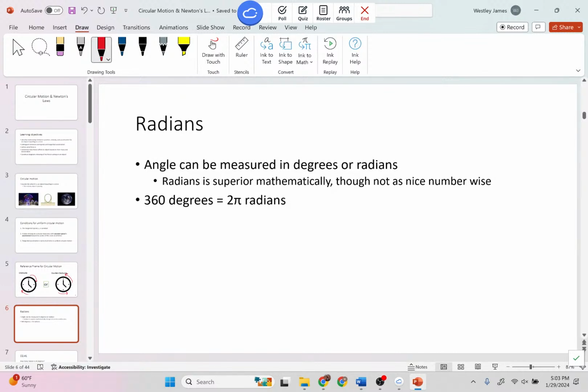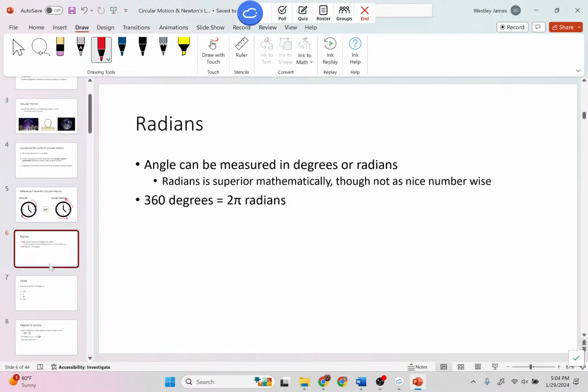But when it comes to equations, we're going to find with circular motion that you have to use radians for some things, and we're going to see some examples of why. Radians are actually a better description of angle. Again, that sounds silly, but you'll see why it's more useful to us physically.